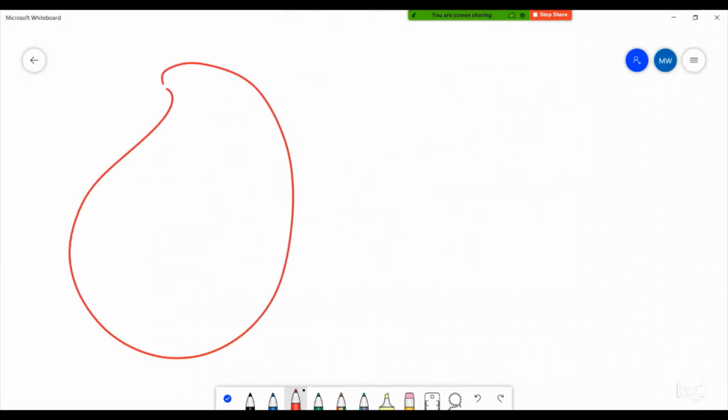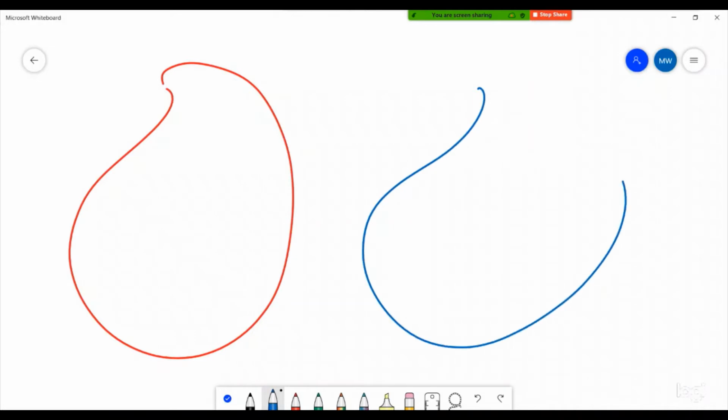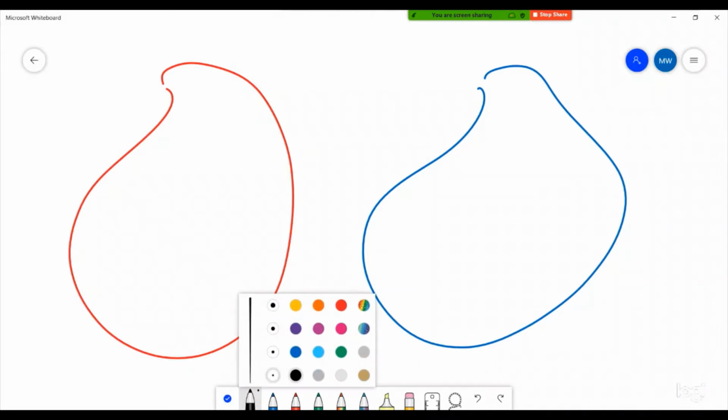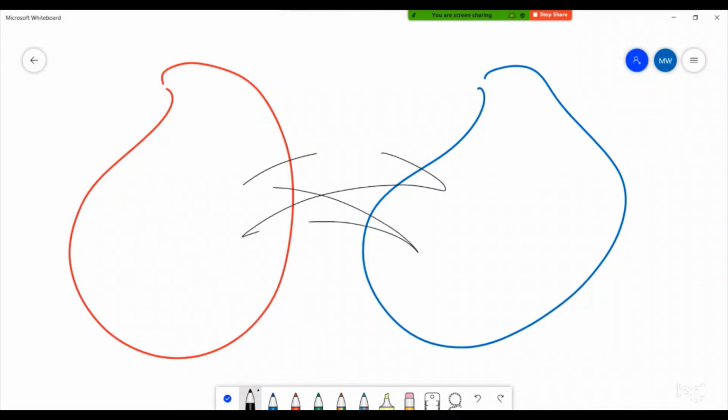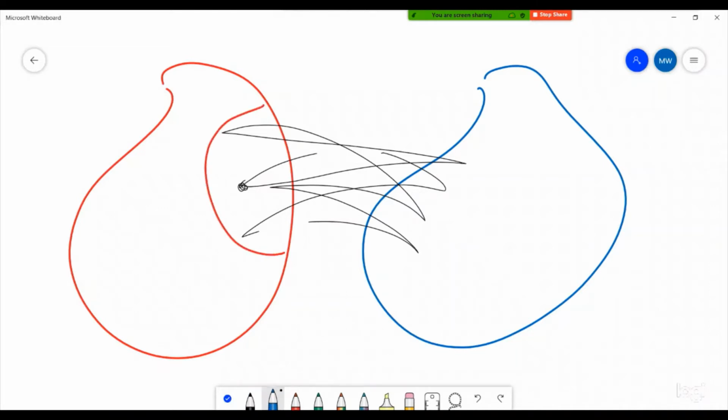You have one set here, and you have another set here. The different ways that you could have your chains, or these constantly going back and forth loops that eventually start and end at the same point. That's going to create one partition or one piece of the two sets. And so you define a bijection on that piece.